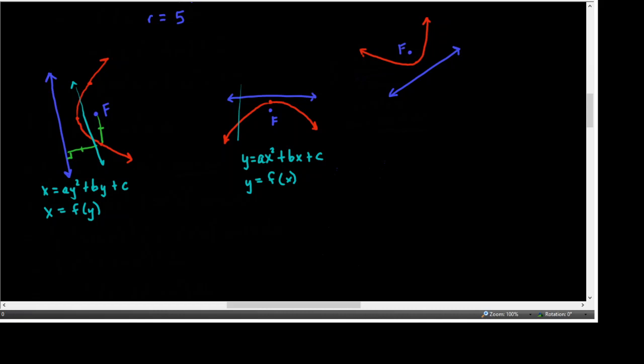Any point on the parabola is going to be some ordered pair xy that makes the distance from the focus to that point, so let's kind of draw that in, the distance from the focus to that point and the distance from the directrix to that point exactly the same. And that's what makes it a parabola.